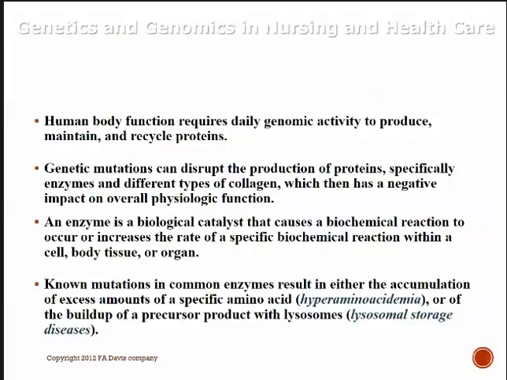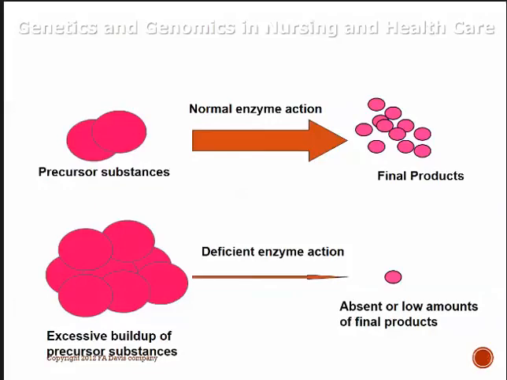Hyperaminoacidemia is when you have an increased amount of the amino acid, and some of those can actually be detected through a urine test. Lysosomal storage diseases are when the enzymes in lysosomes are defective or deficient, which causes a buildup of a precursor material that can be toxic to the cell. This is a nice diagram that shows that.